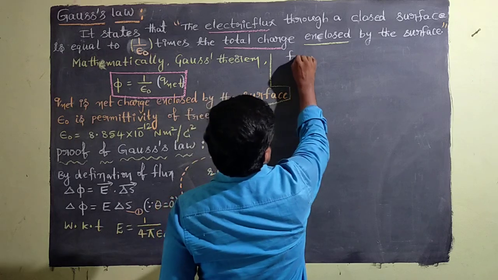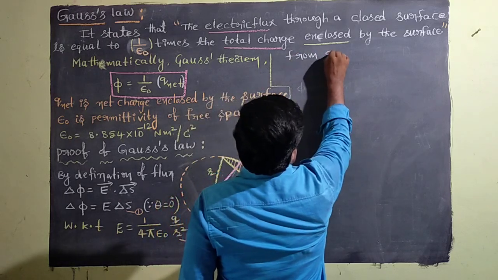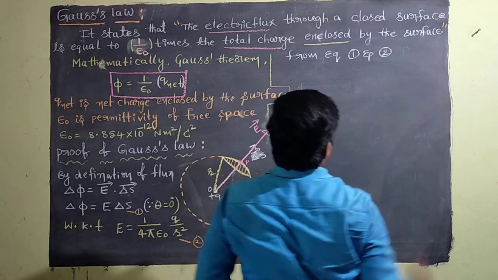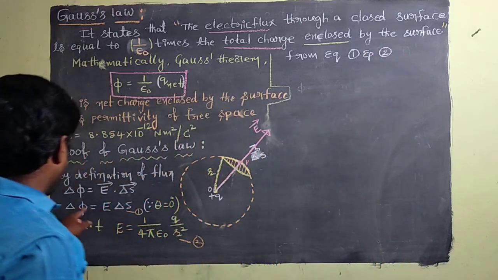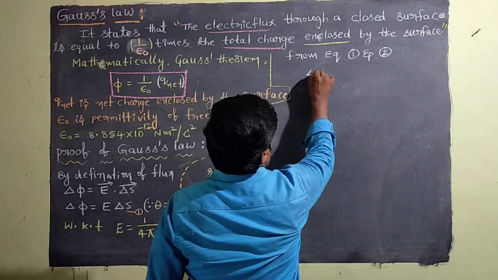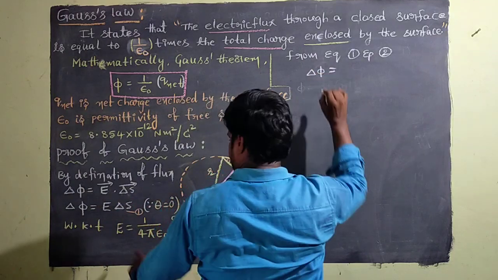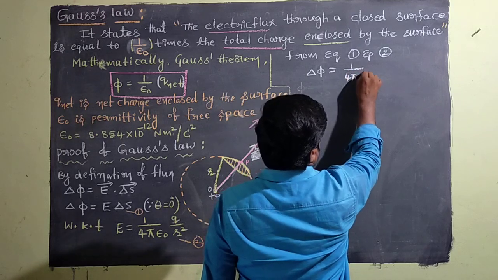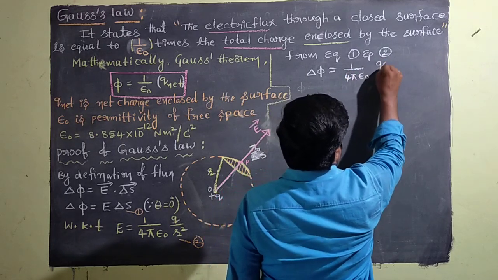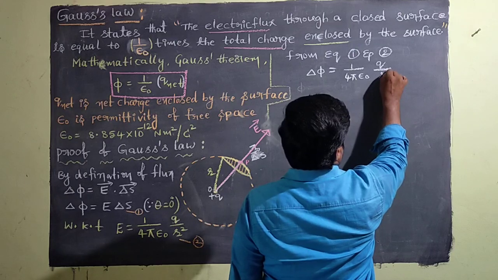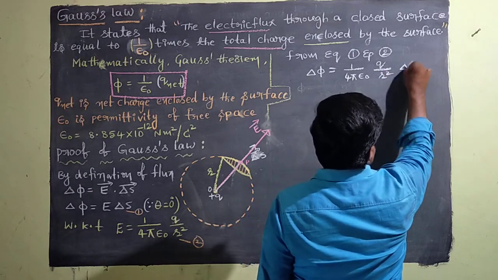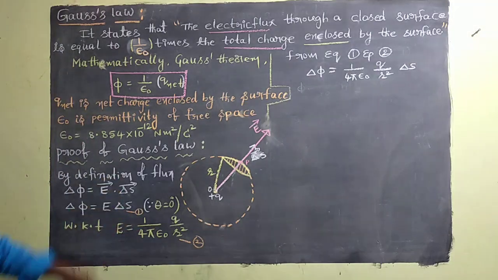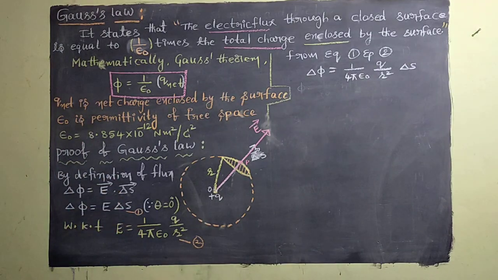Now from equations 1 and 2, see what we get here. Delta phi is equal to E, which is 1 by 4 pi epsilon naught q divided by r square, into delta S. I have substituted the value of E here.